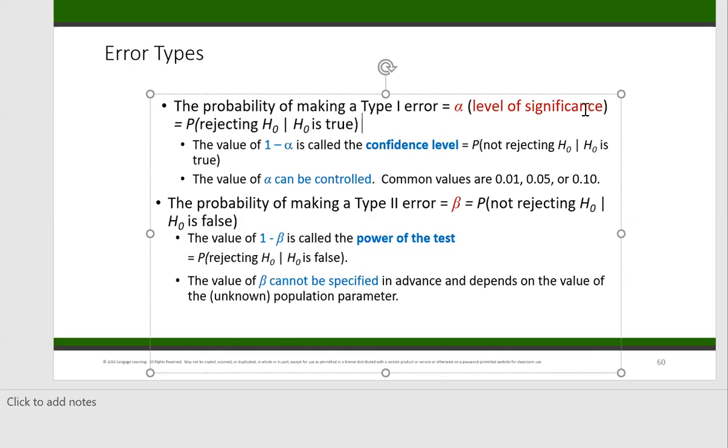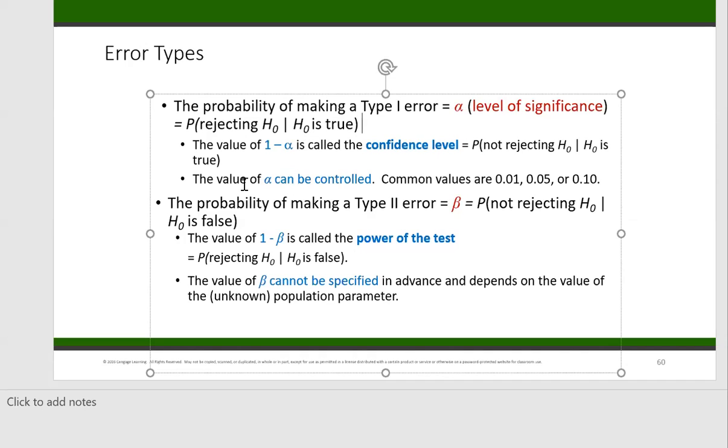So that is the level of significance. 1 minus alpha is called the confidence level, and it's the probability of not making a mistake when the null hypothesis is true. So if the null hypothesis is true and you're not rejecting it, this is called the confidence level, and it's always equal to 1 minus alpha, right?